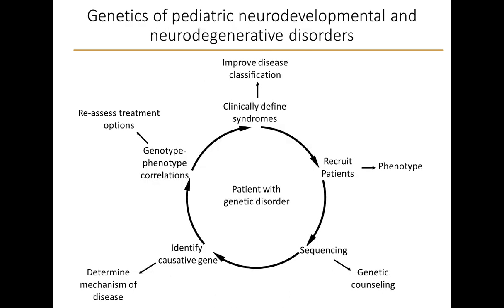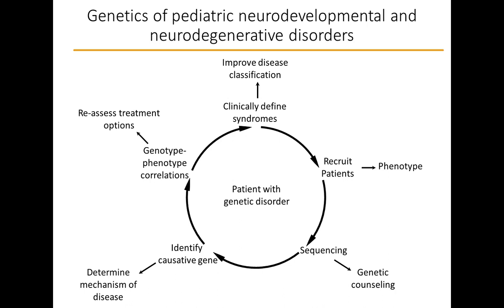underlies the patient disorder. So to identify new causative genes for pediatric cortical phenotypes, we start our research pipeline by recruiting patients with interesting phenotypes, like unique MRI findings in this case. We can then perform exome or genome sequencing to identify new causative genes or find candidate variants that might underlie the disorder.